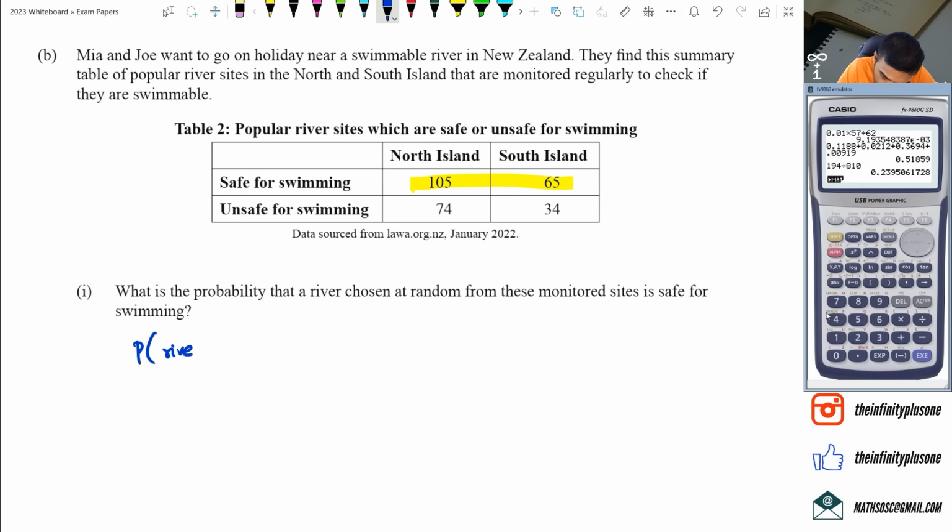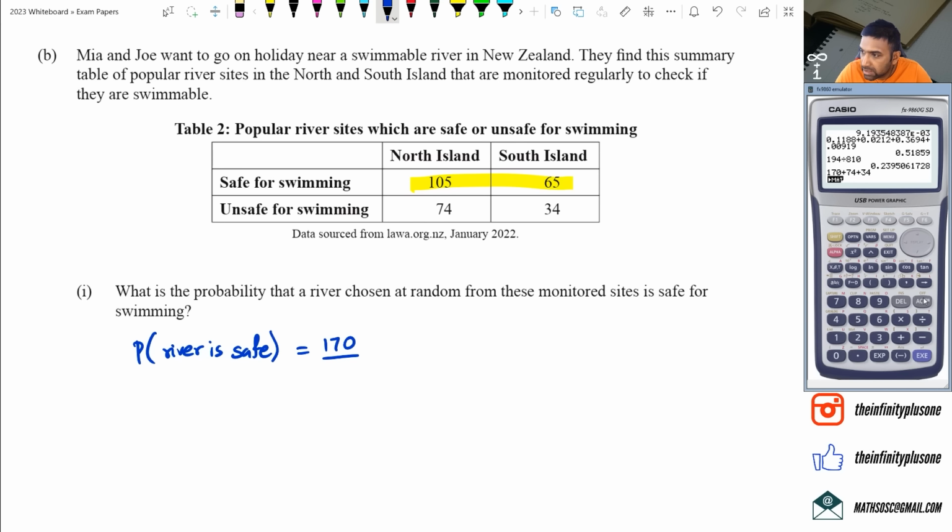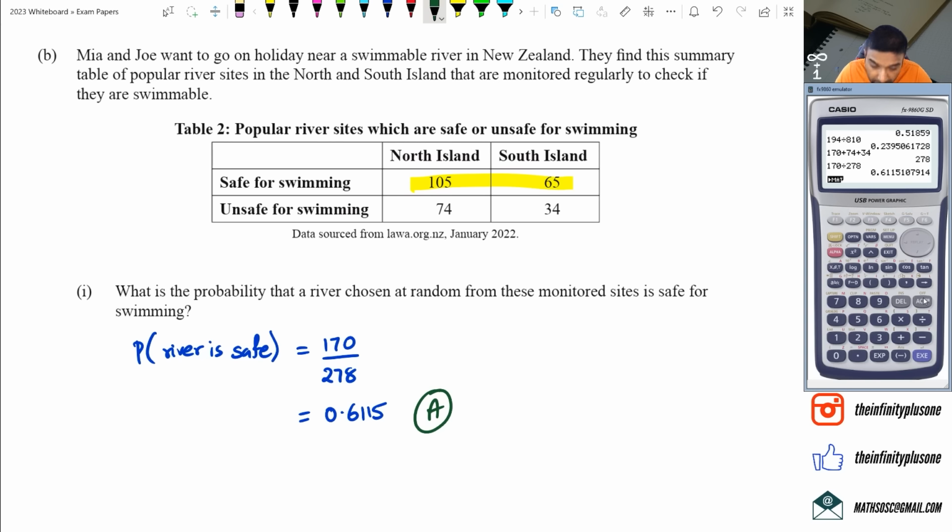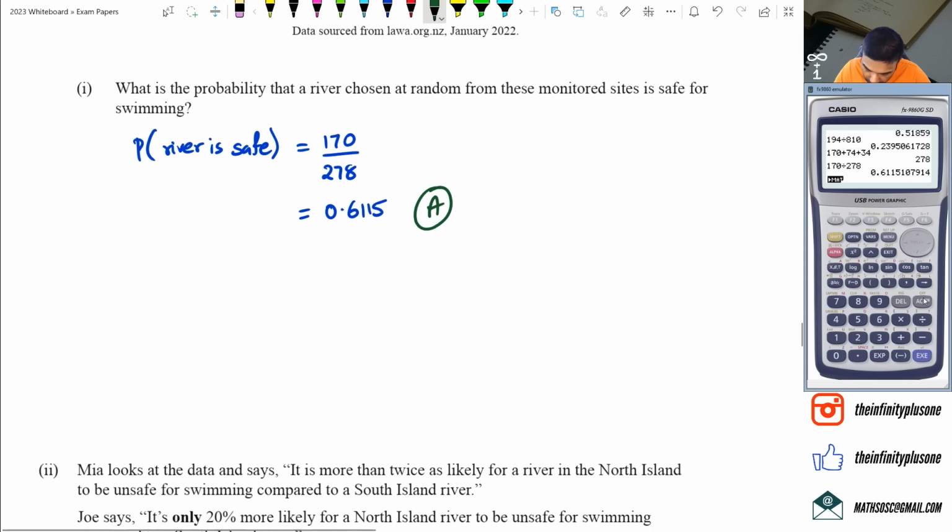So the probability that a river is safe is 170, and of course we've got to look at the total number of rivers, which is equal to 278, and so the probability of that is 0.6115. Grades wise, we are looking at an achieved for this question, and then we move on to the next one.